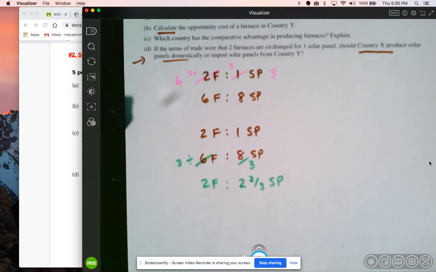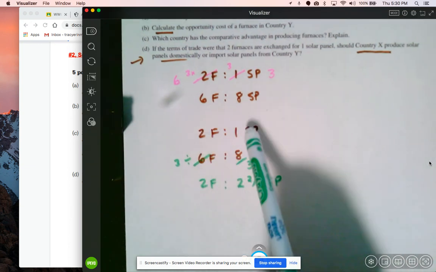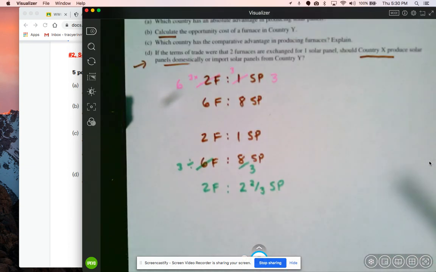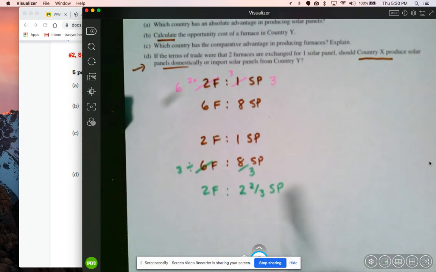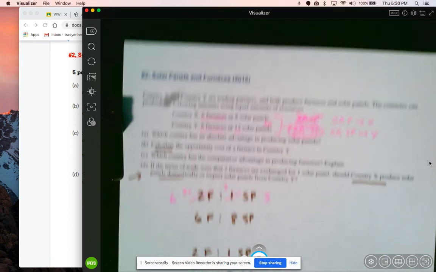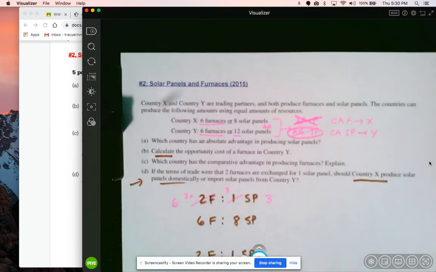And some people don't like fractions like that. But still, let's walk through it again. The trade says you make 2 furnaces, you get a solar panel. But domestically, country X is saying, yeah, but we make 2 furnaces and 2 and 2/3 solar panels on our own. So we're good. Both ways show you that making the solar panels and furnaces domestically is a much better deal than importing them from country Y.